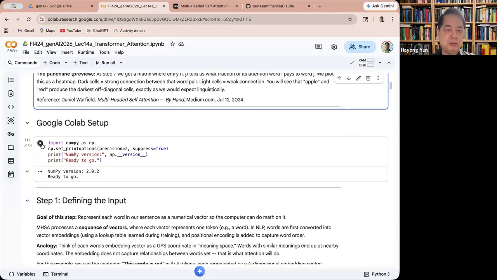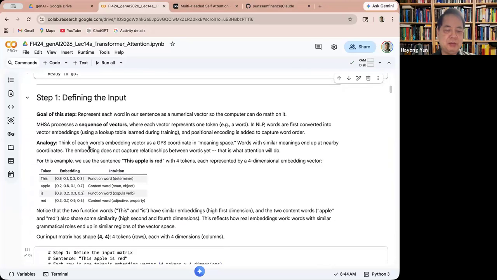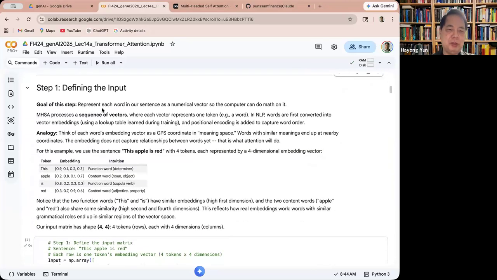So let's first set up the Google and then define the input. This is each word of the sentence as a numerical vector.